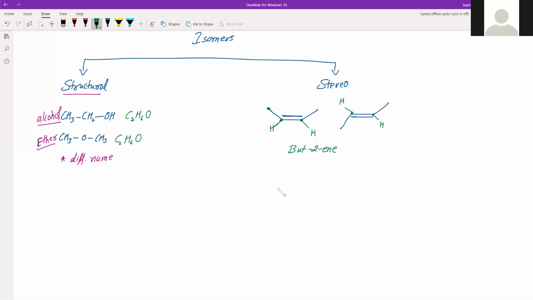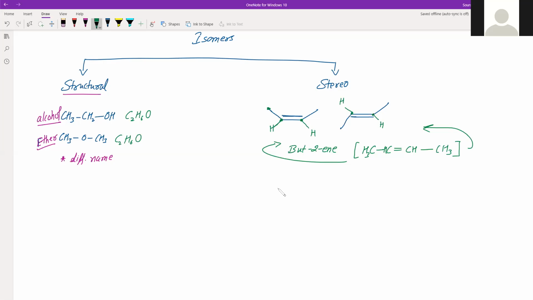So their name is the same, their properties will mostly be the same, and the structure is the same. If I have to write the formula in condensed form, even that will be the same for both: CH3, C, double bond, C, and so on.